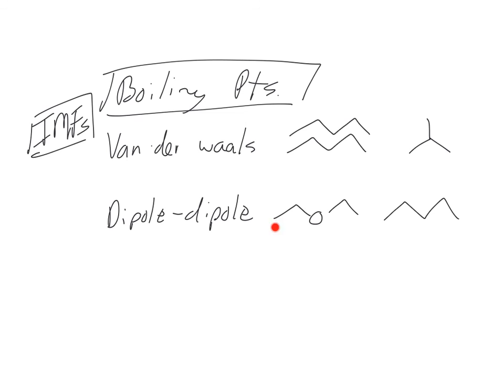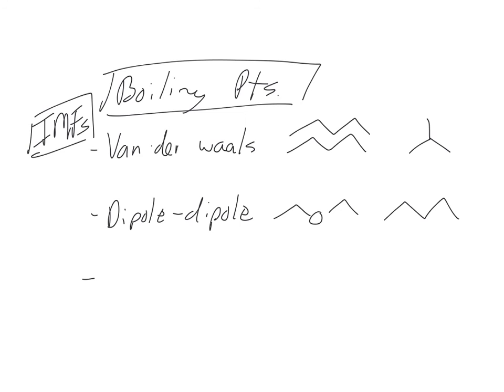Diethyl ether is going to have a higher boiling point than hexanes because it has polar bonds. So it has a part of the molecule that could be delta minus and a part that could be delta plus, whereas for hexanes, it's all delta nothing. It's not polar.